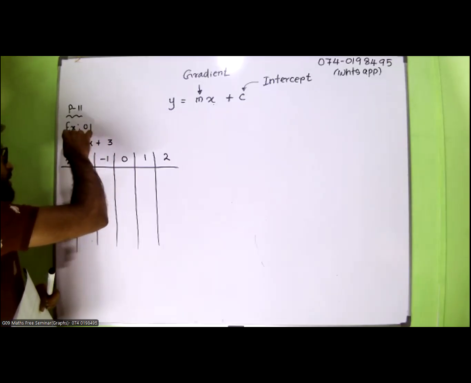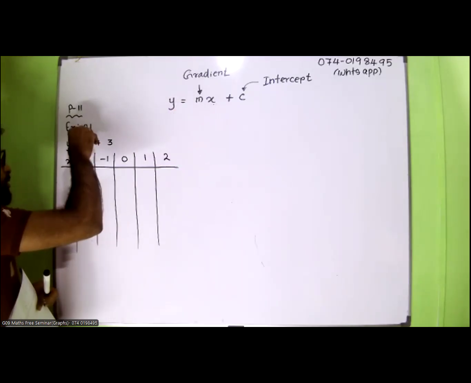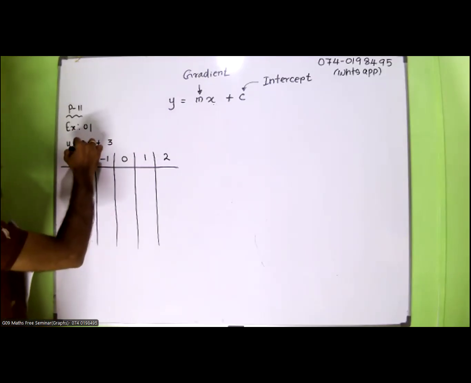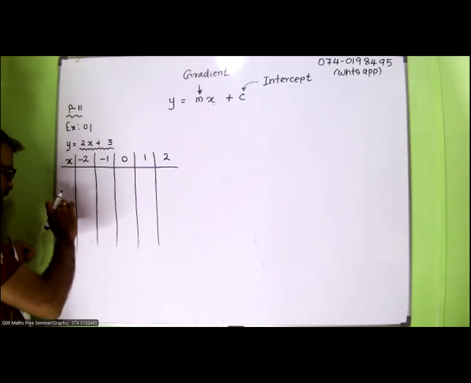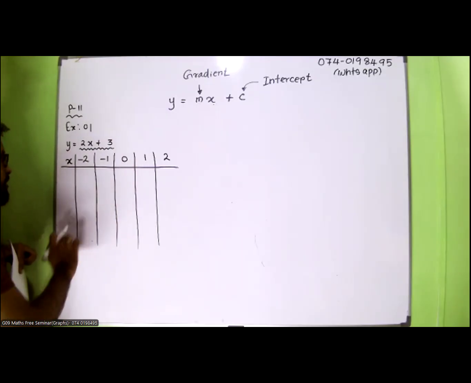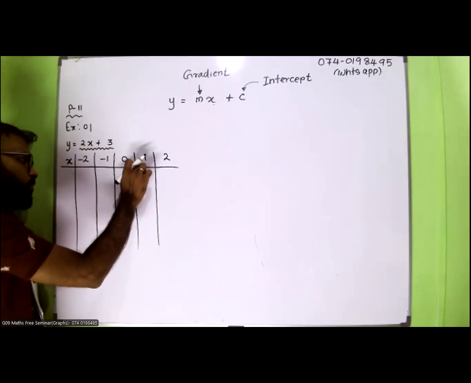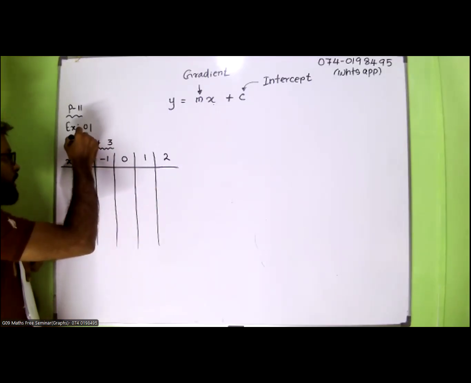To draw this function on a Cartesian plane, you need to show the workings. So Buddha, I am going to create this part on the right hand side inside this table. I have decided my x range: -2, -1, 0, 1 and 2.